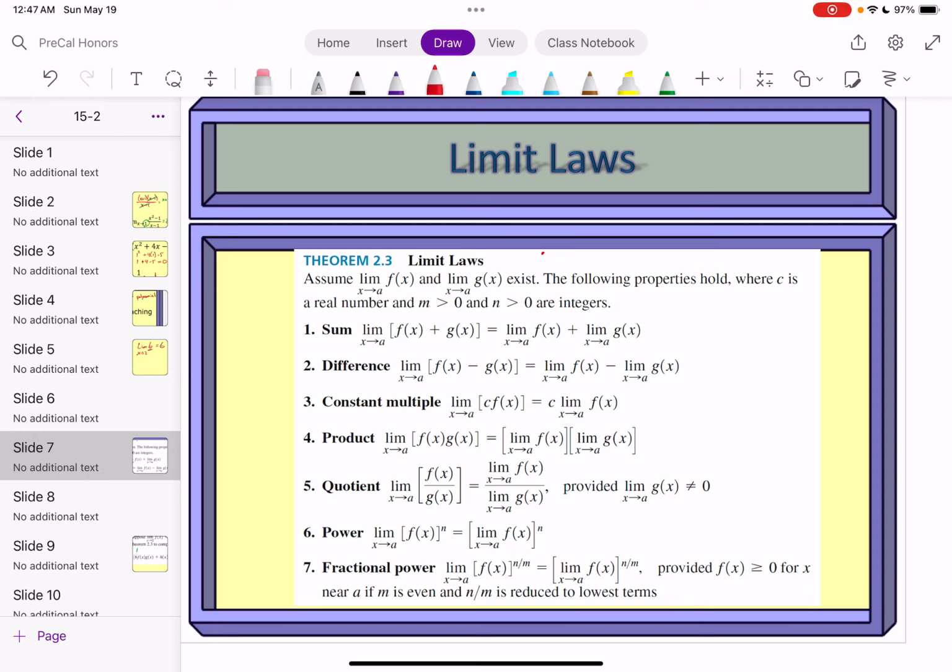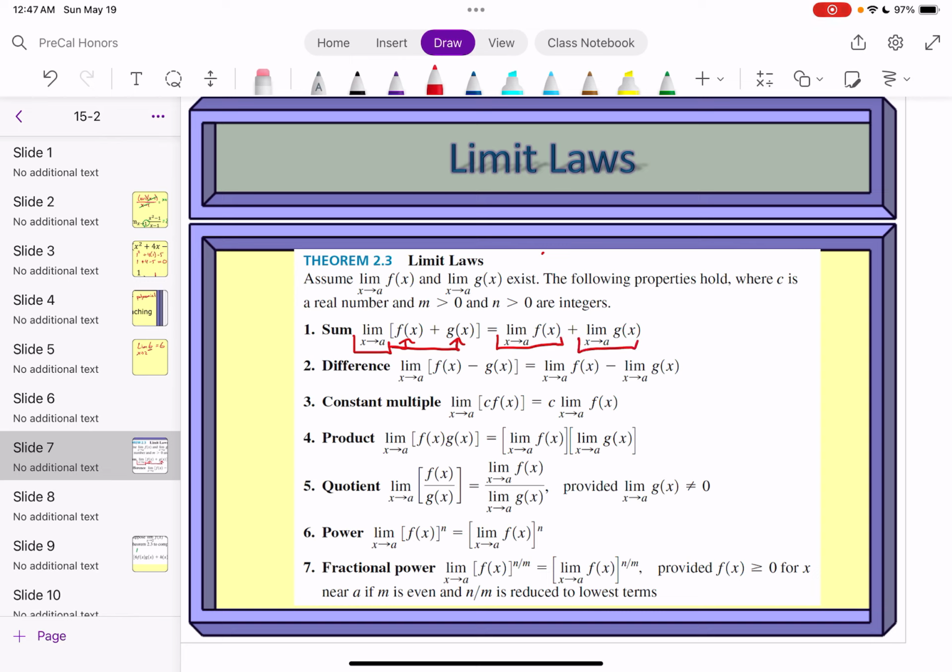Now, when that is being given, ultimately what is happening is that they are breaking apart this function of f of x plus g of x into two separate limit problems. So they're going to grab this portion right here, and they're going to multiply it against the f of x, they're going to multiply it against the g of x, and that's how we end up with these two portions.